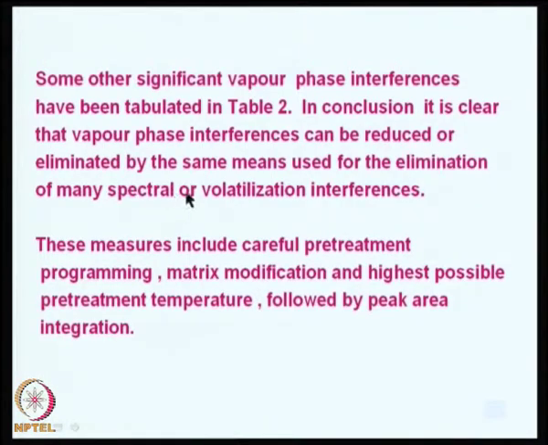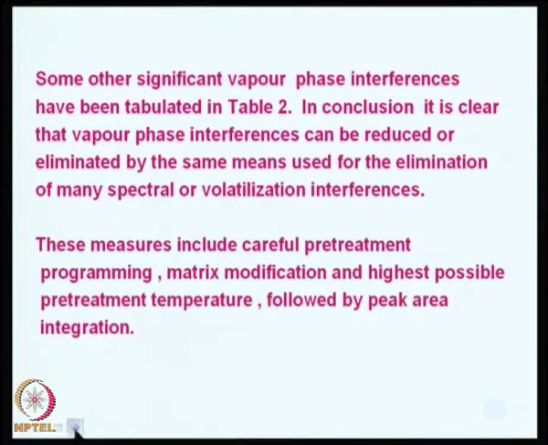So, in conclusion, we can say that it is clear that vapor phase interferences can be reduced or eliminated by the same means used for elimination of the many spectral and volatilization interferences. These measures include careful pretreatment programming, matrix modification and highest possible pretreatment temperature followed by peak area integration.